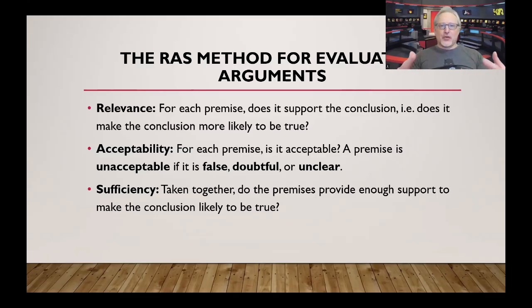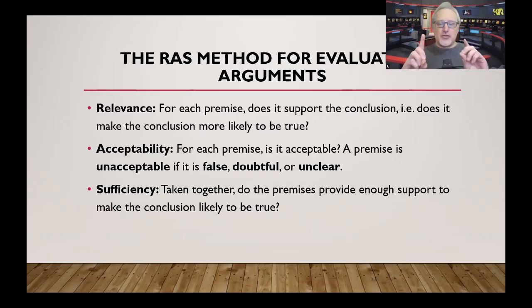You can find different texts that use different names for these criteria, but I like relevance, acceptability, and sufficiency because that's Ross, and who doesn't like a good acronym? Or an acronym, anyway. So relevance, acceptability, and sufficiency are the three criteria that any argument must meet in order to be a good argument. If it fails to meet any one of them, it is not a good argument and you shouldn't be persuaded by it.